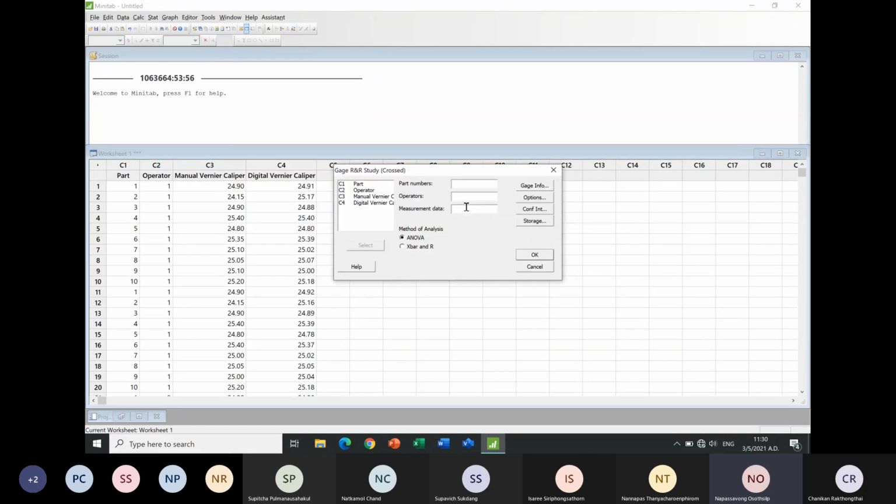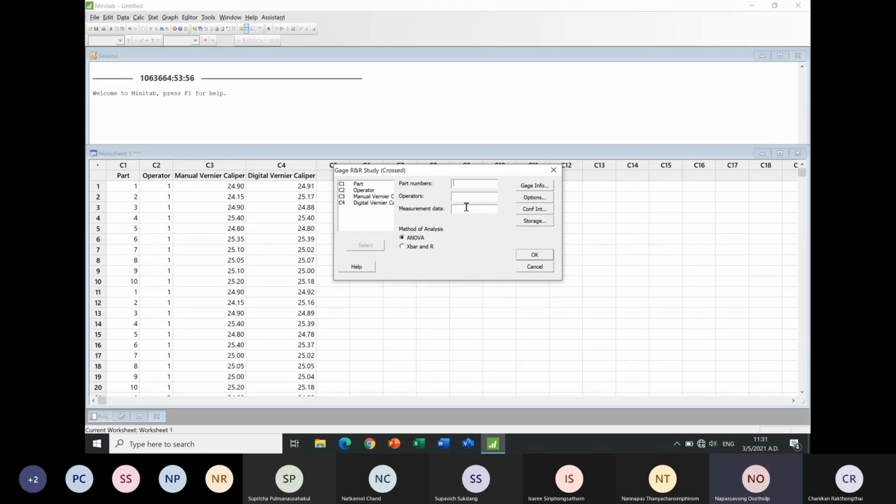But if you have the case that is destructive test, that means, for example, operator 1 measure the strength of the part, and then he has to press the part until it breaks before he obtains the strength value.